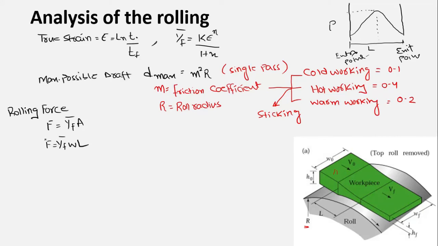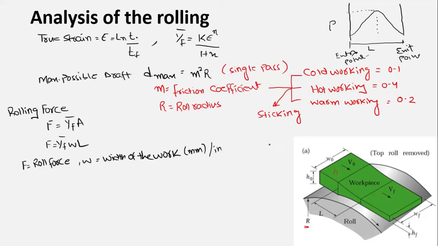So here F is the roll force, and W is the width of the work being rolled, which can be in millimeters or inches.